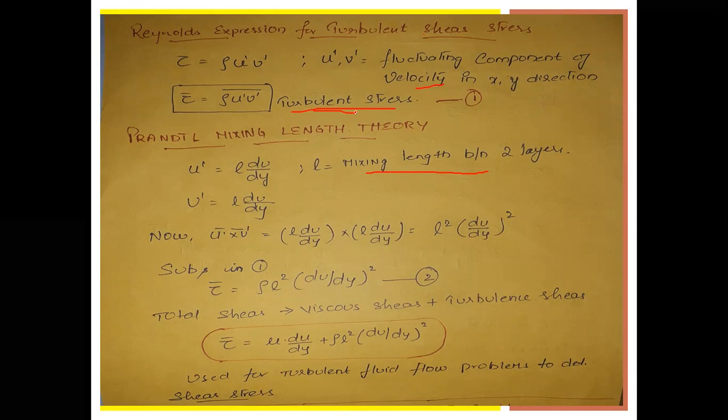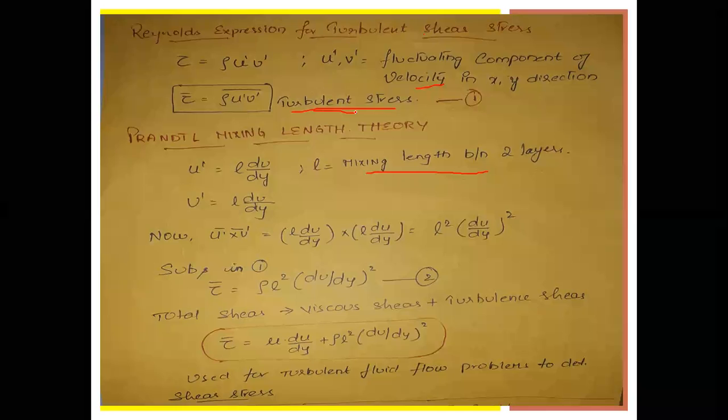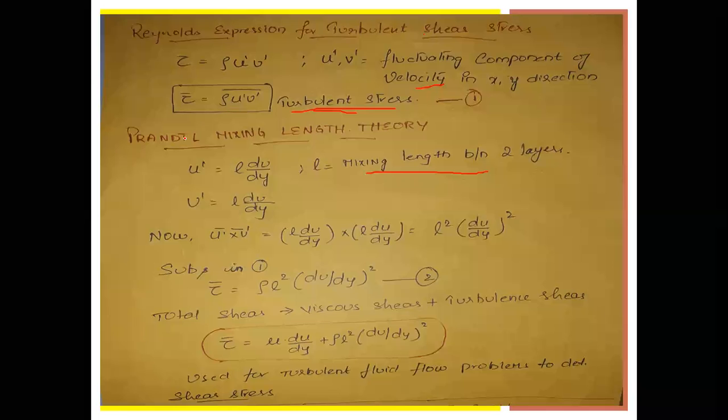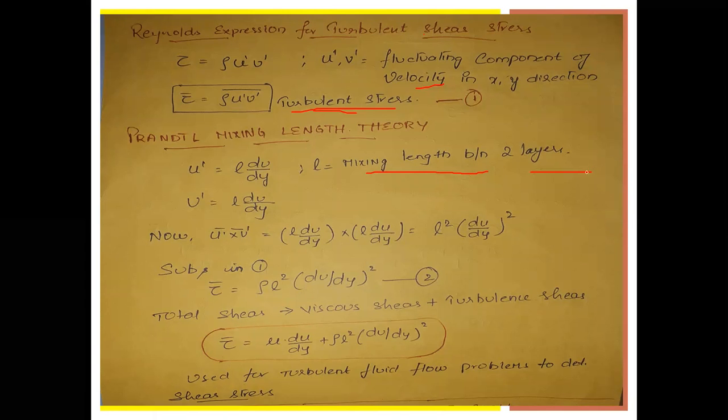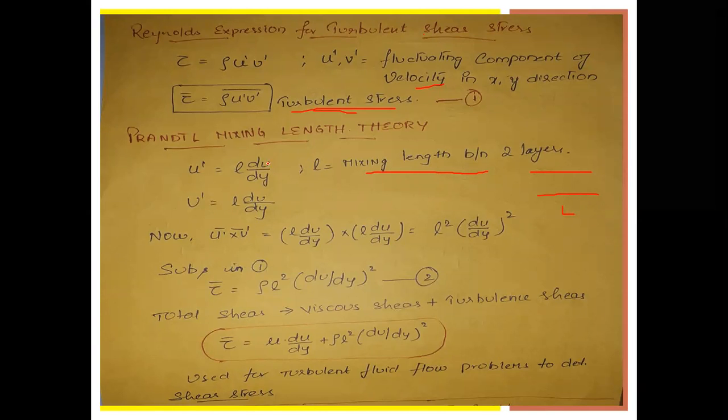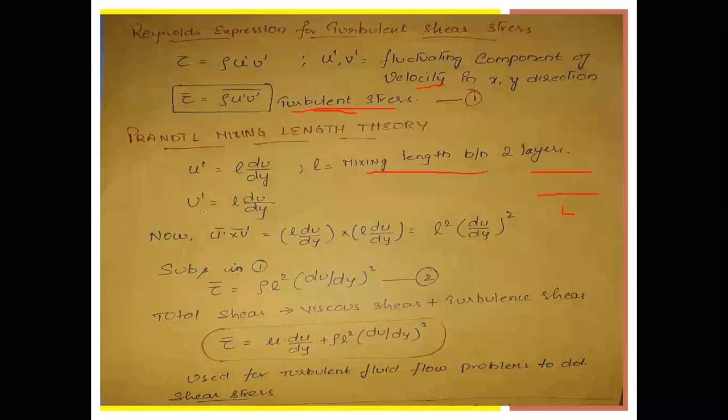This is the turbulent shear stress by using the Reynolds expression. If you get problems using this formula, we have to solve them. Next, Prandtl mixing length theory. Whenever the length is taken into consideration, u dash is equal to L into du by dy and v dash is equal to L into dv by dy.